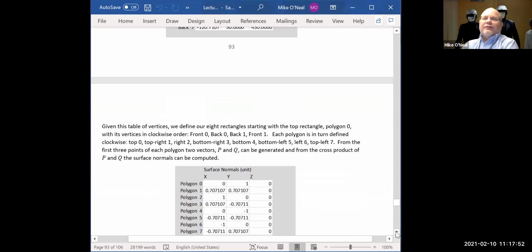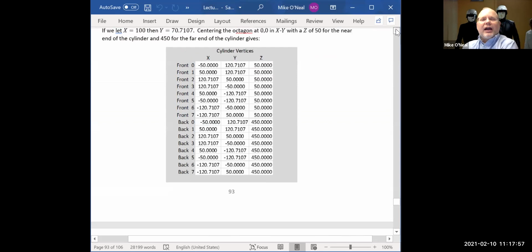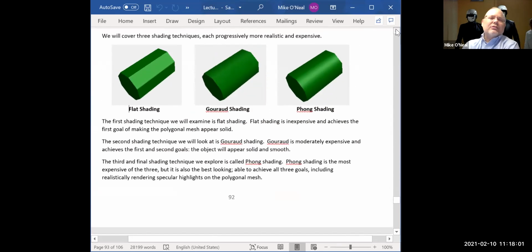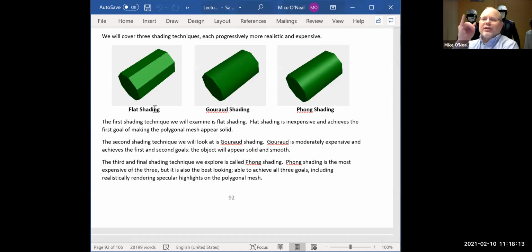So for flat shading, now that we got an object, we got to say, okay, how am I going to shade this object, Mike? Well, what I'm going to do is compute one surface normal per polygon, and then apply the Phong illumination model using that one point on the surface of that polygon, and I'll get some color, some intensity, and then I'll just paint the whole polygon with that color.